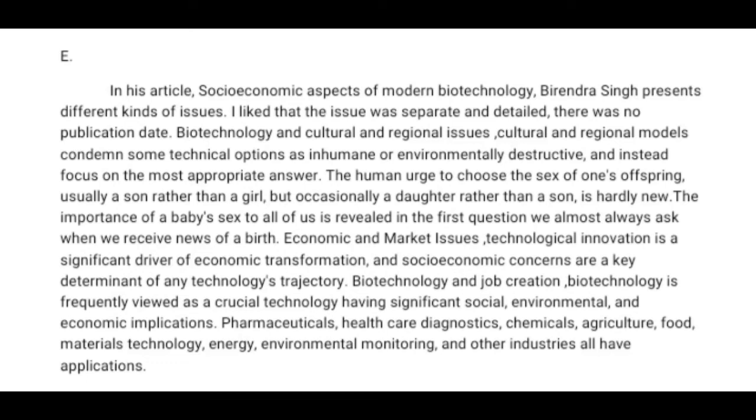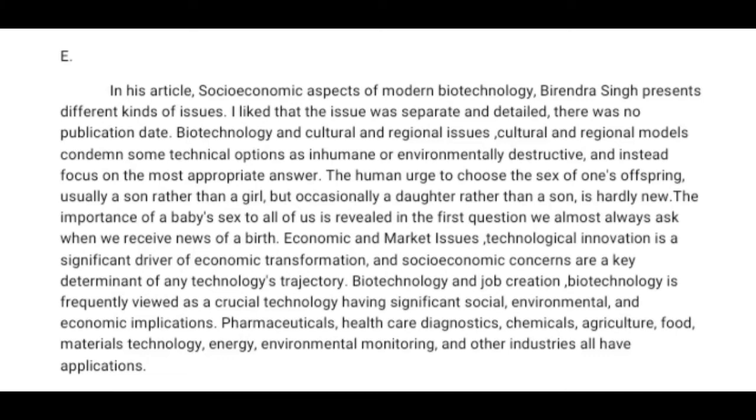Economic and market issues. Technological innovation is a significant driver of economic transformation, and socioeconomic concerns are a key determinant of any technology trajectory. Biotechnology and job creation.